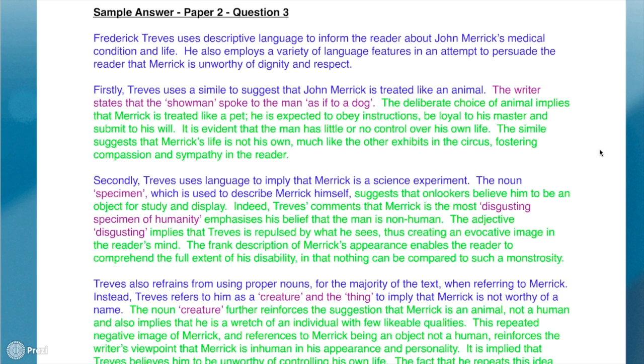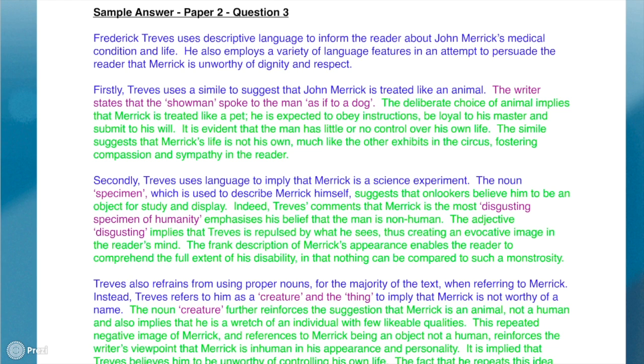What I would advise doing for this question is writing an opening statement, okay? And in that opening statement, I would explain how the writer uses language in the source. So what is the intention of the writer? Now in this source, Frederick Treves, who's the writer, uses descriptive language to inform the reader about John Merrick's medical condition and life, okay?